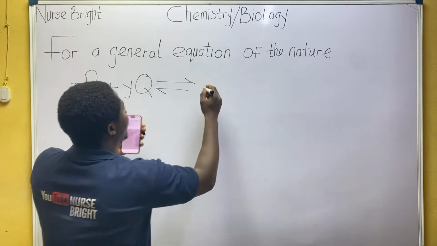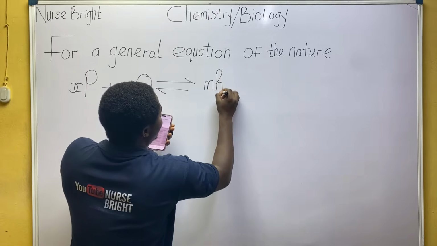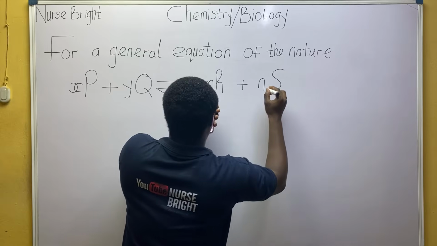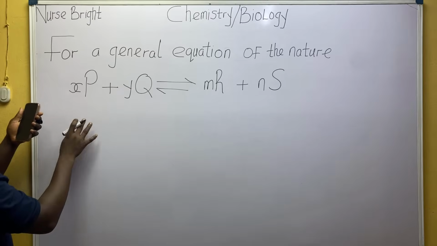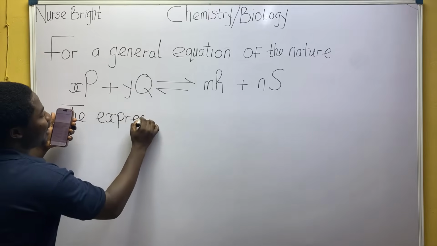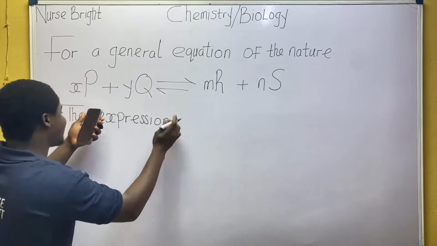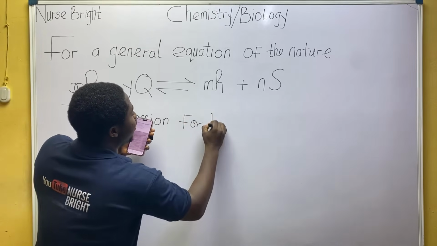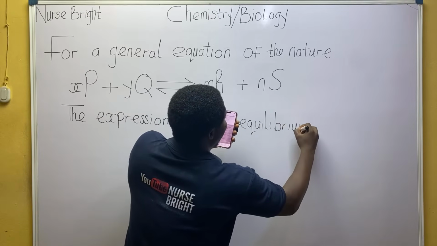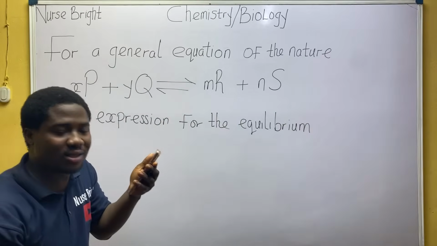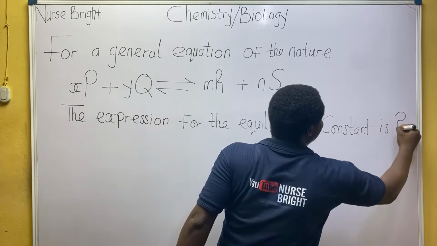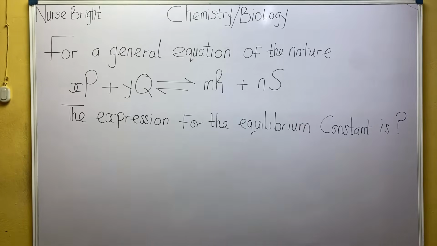So this is the reaction, giving us MR plus NS. The question now says, the expression for the equilibrium constant is, that is the question, and let us tackle it together.